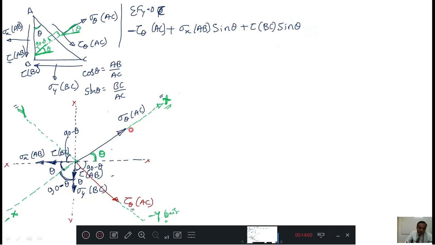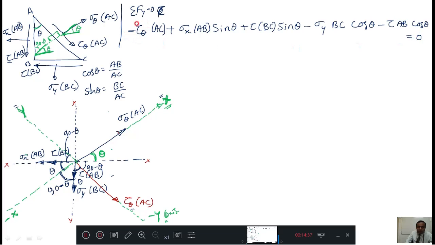Next, coming to sigma y, it resolves to negative y axis, sigma y BC into cos theta, minus sigma y BC cos theta and minus tau AB cos theta. Okay, this and this, sigma theta won't come into y direction, therefore equal to 0.